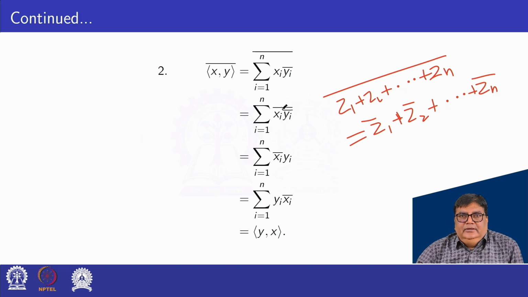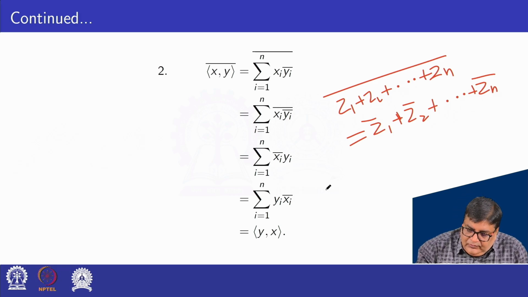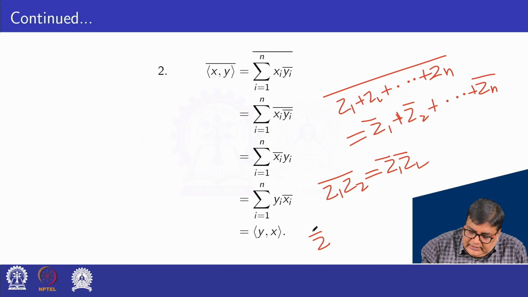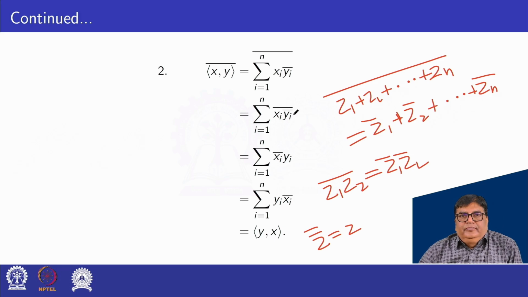As per this property, we can write this. And here this term can be written as this, because we know that the conjugate of z1 z2 bar is equal to z1 bar z2 double bar. So xi bar, and this is yi double bar. And we know that z double bar equals z, so yi double bar is yi.